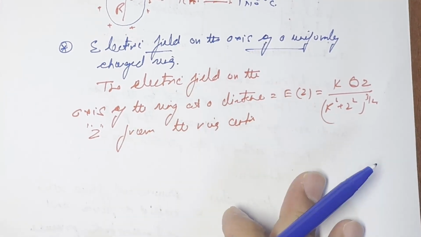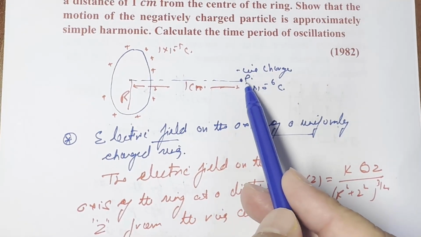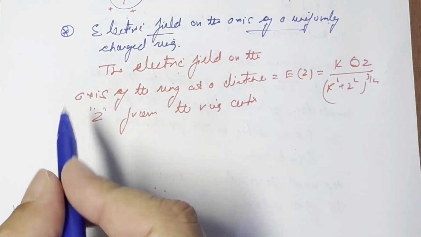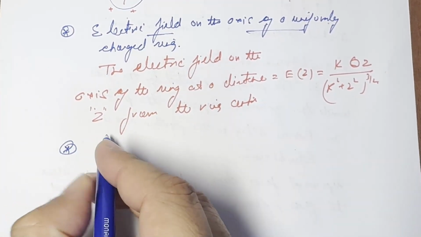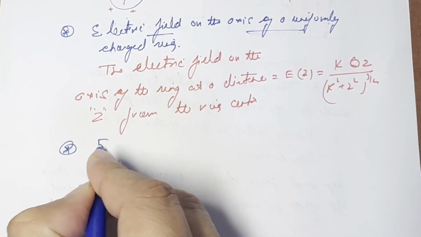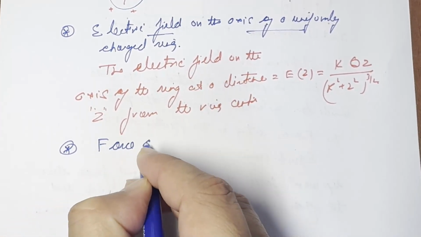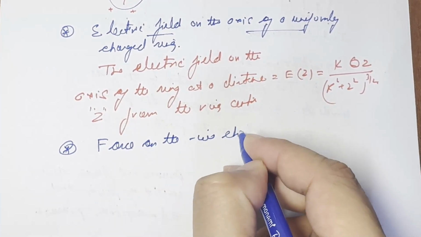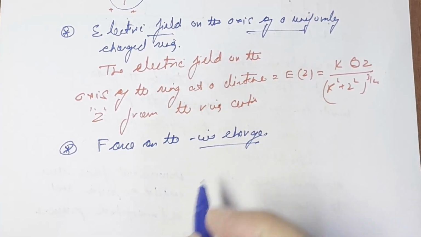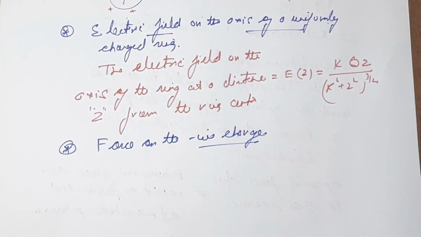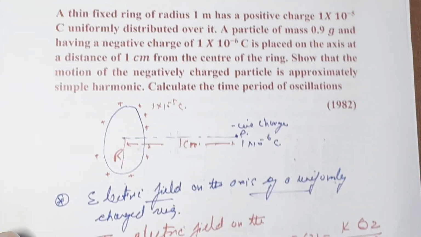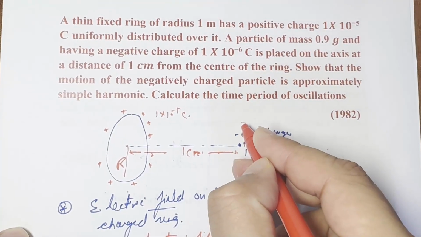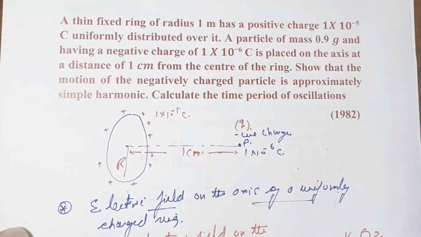So we can find out the force acting at point P. You can say force on the negative charge, and we assume that this negative charge is denoted as small q.